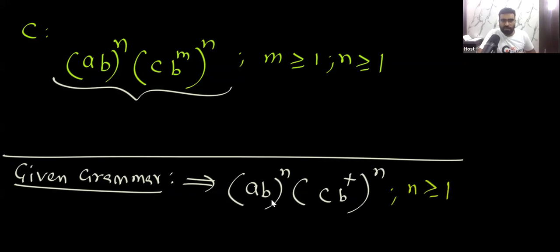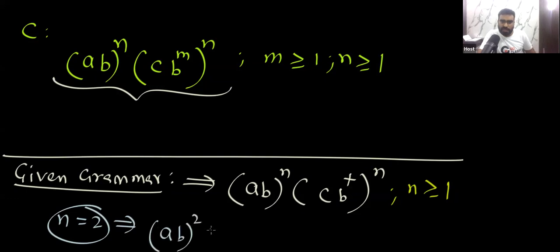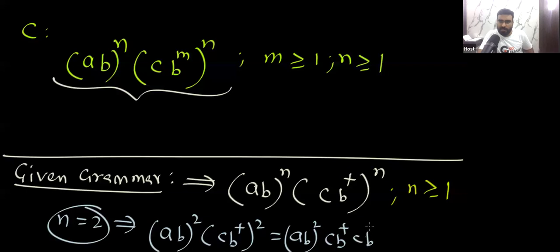If I put n equal to 2, then what should I get? I should get a b power 2, and then c b plus power 2, and that is basically a b power 2 and then c b plus c b plus. Yes or no?